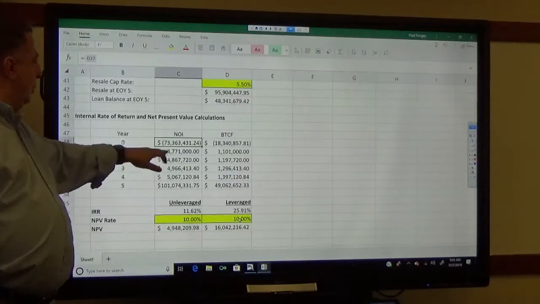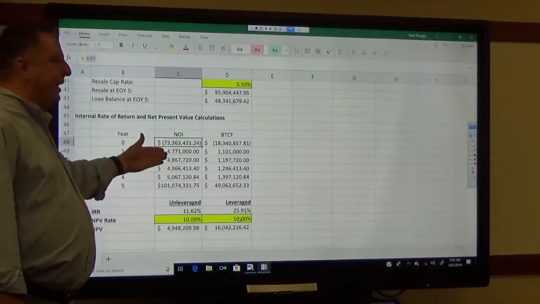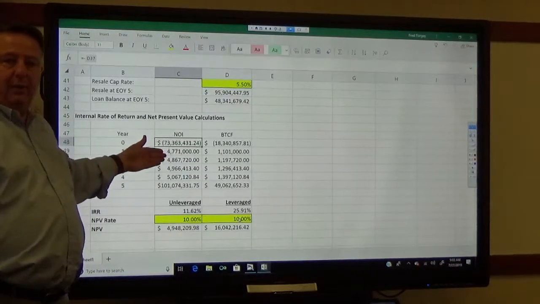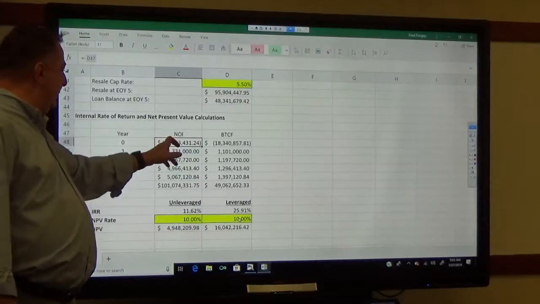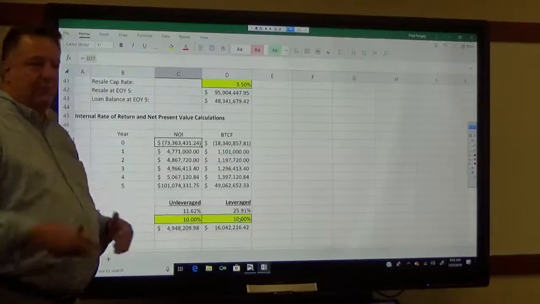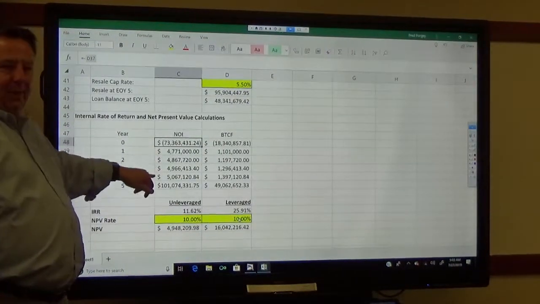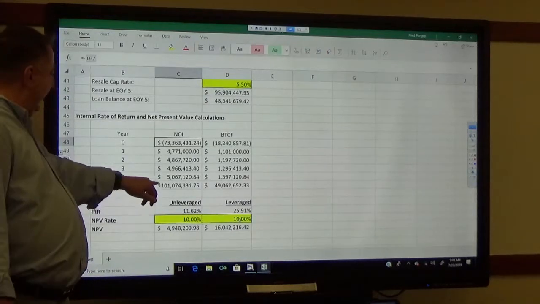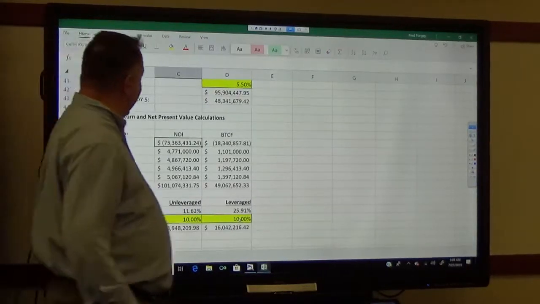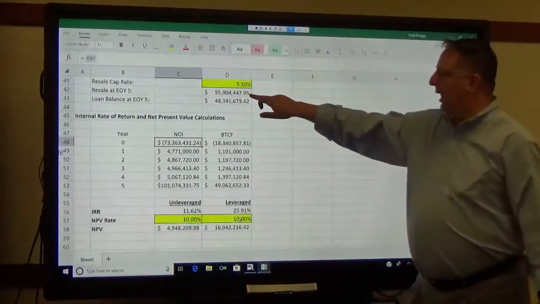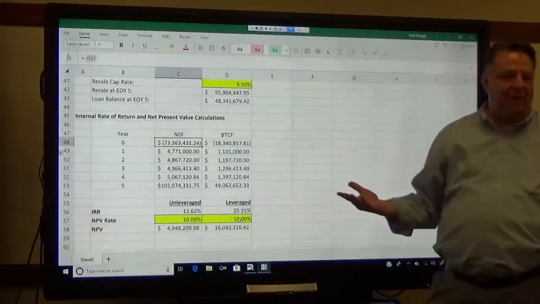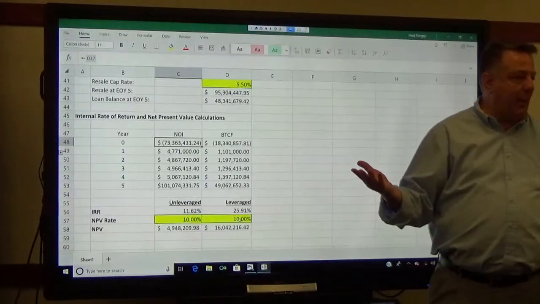Then the numbers that we would be able to use for the cash flows will be the net operating income. Why not the forecast cash flow? Because we have no debt. The only difference between net operating income and the forecast cash flow is the debt piece. So if we don't have any debt, we're able to take all of that money. And then at the end, you've got the resale of the 95 million. You get to keep all of that because there's no loan outstanding.